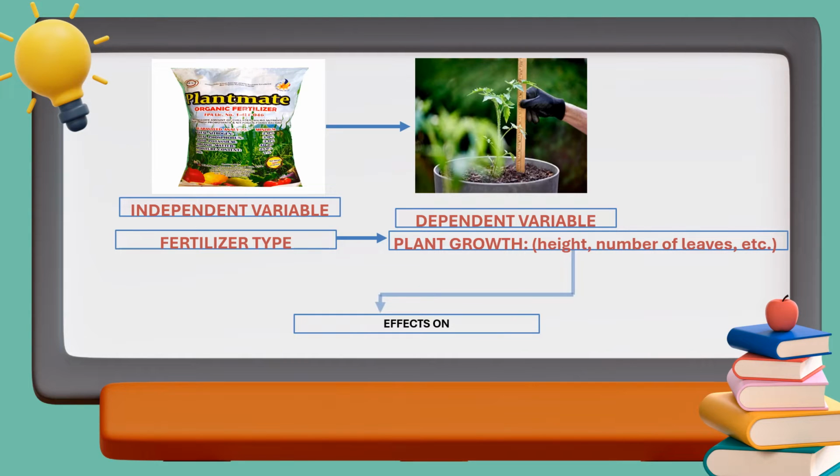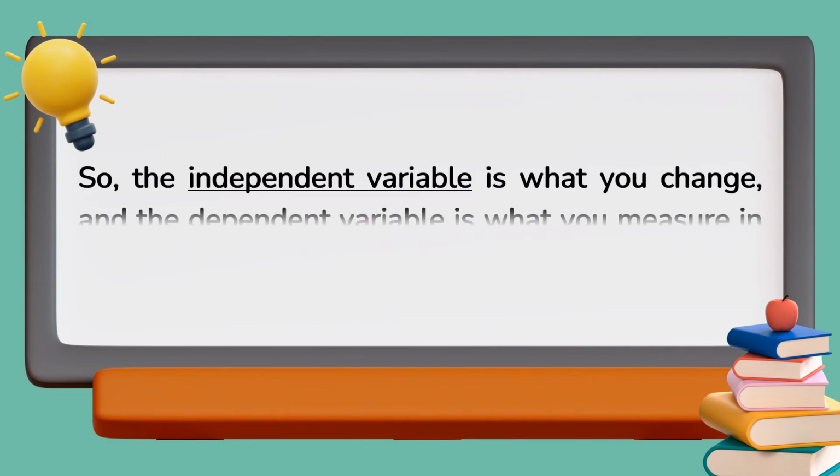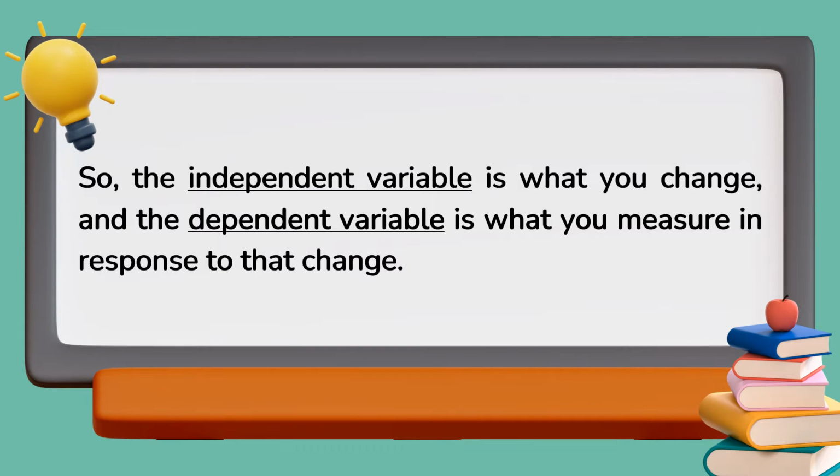The arrow indicates that the dependent variable, which is plant growth, is what you measure to observe the effects of changes in the independent variable, which is the fertilizer type.